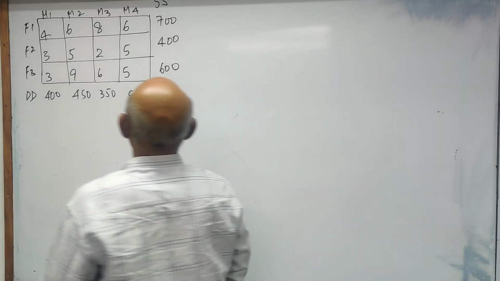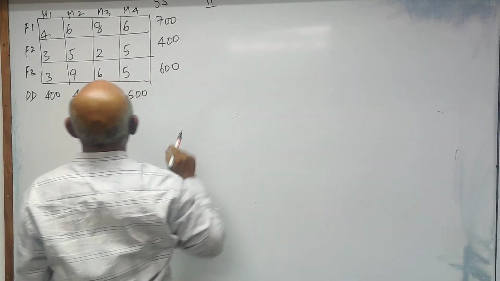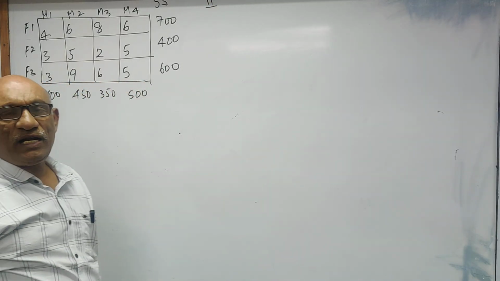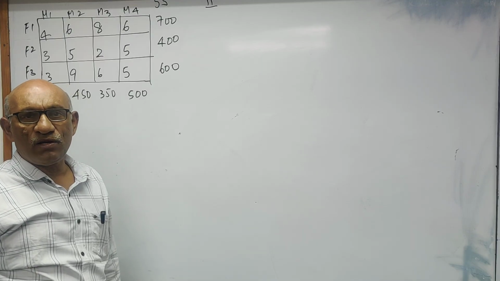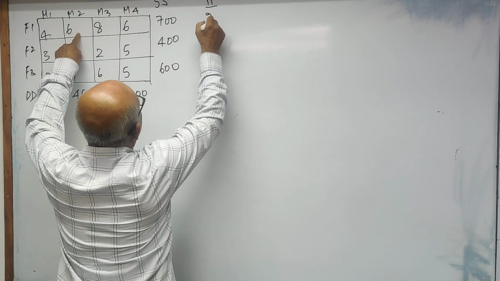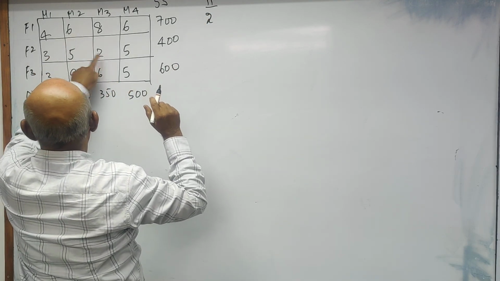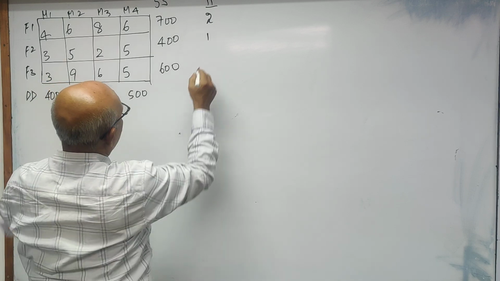So, using Vogel's method, I am calculating the penalties. Penalties are nothing but the difference between lowest cost and second lowest cost. 4 and 6 difference is 2. 2 and 3 difference is 1. 3 and 5 difference is 2.